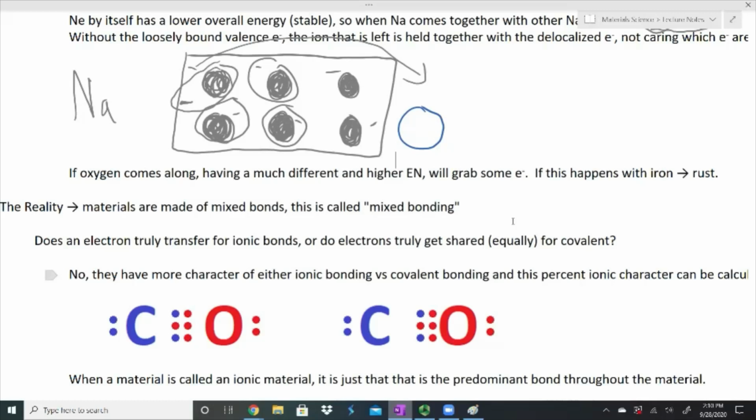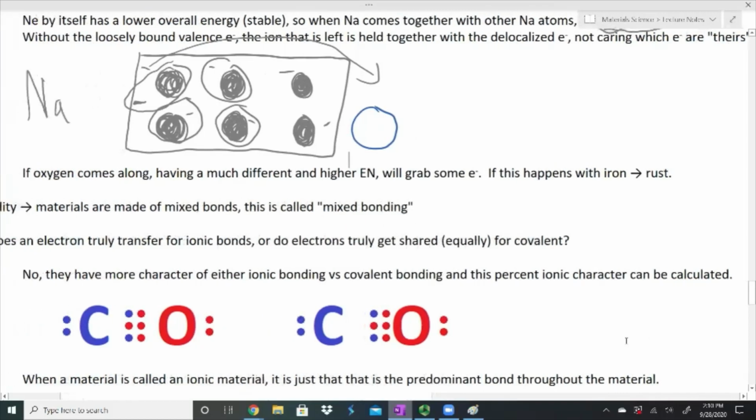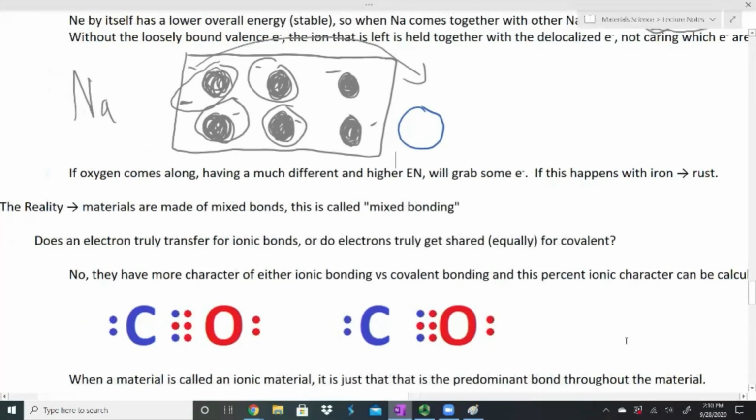And so what we do is we call this ionic character. We want to see how much character this bond has that's ionic compared to how much that it has that's covalent. There is an equation, there's a few equations that I've seen out there where you can calculate the percent ionic character, and the opposite of percent ionic character would be the percent covalent character. How much does it act like an ionic bond compared to how much does it act like a covalent bond?